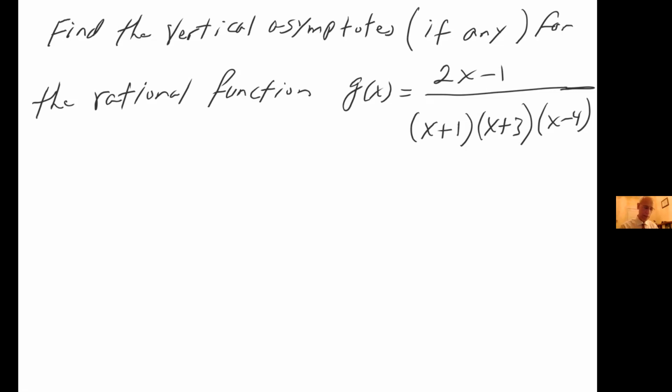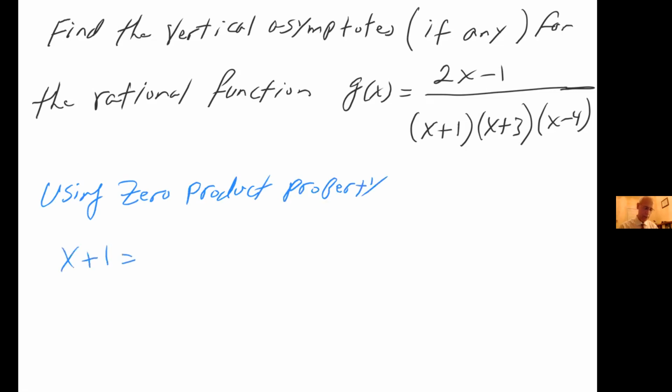Again, using the zero product property, I set x plus 1 equals 0, x plus 3 equals 0, and x minus 4 equals 0.